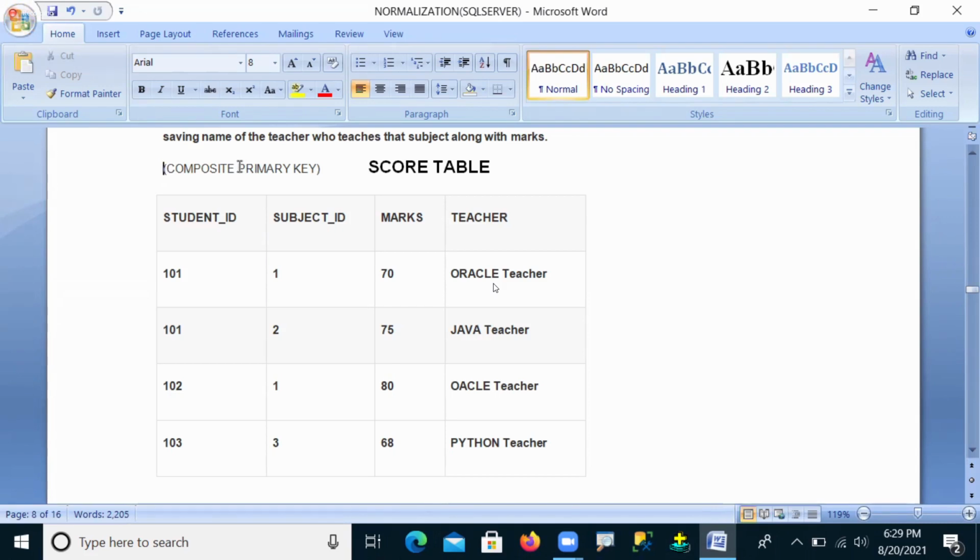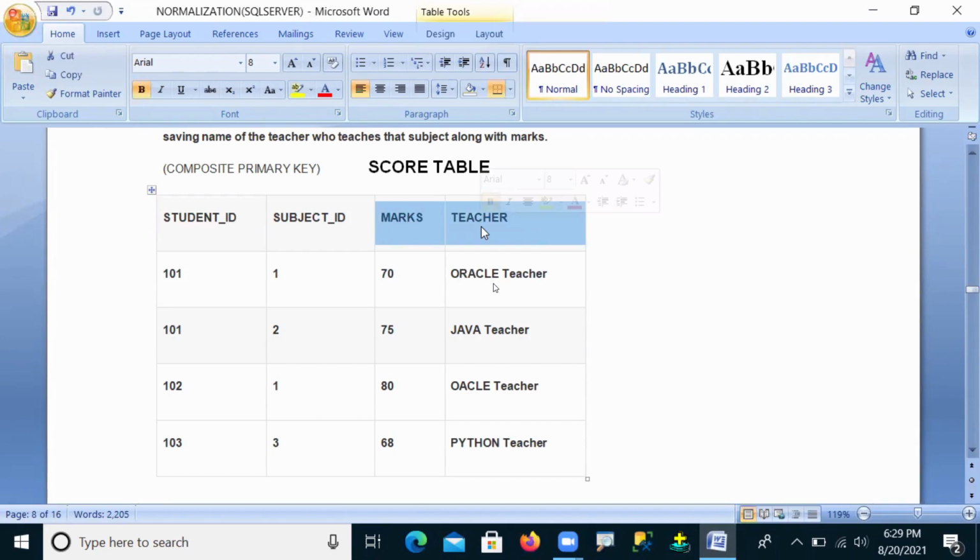Right. Now here, student ID and subject ID are the two primary key columns, guys. Next, marks and teacher are the non-primary key columns. So marks is non-primary key, teacher is also non-primary key. Right. Now I'm asking you, suppose the marks column is there.